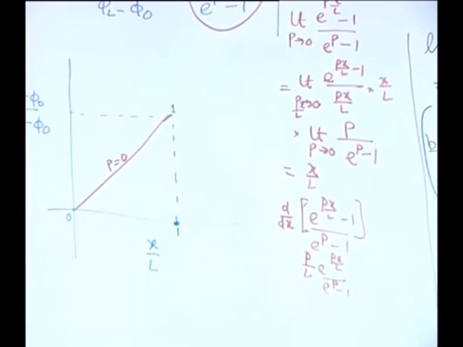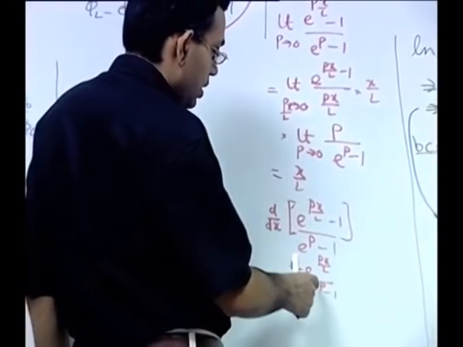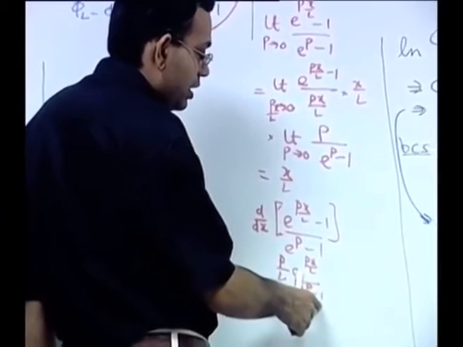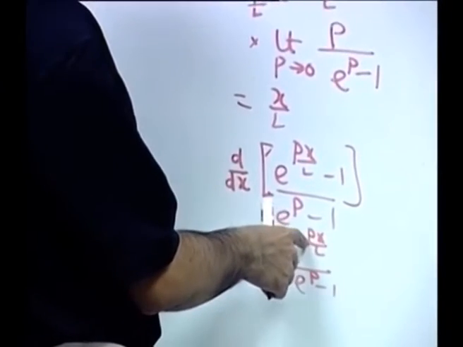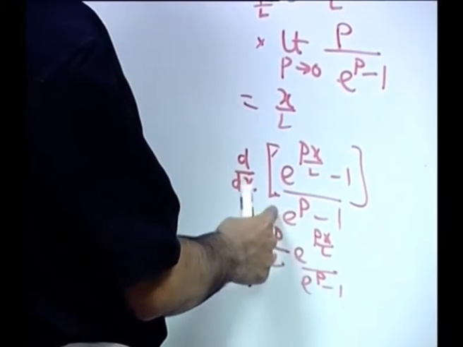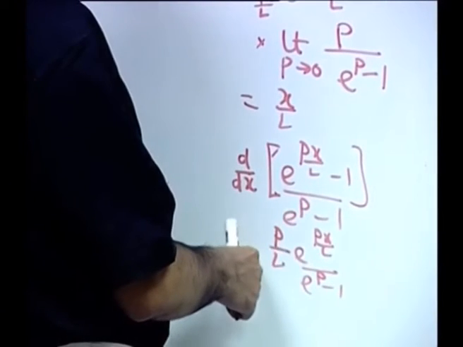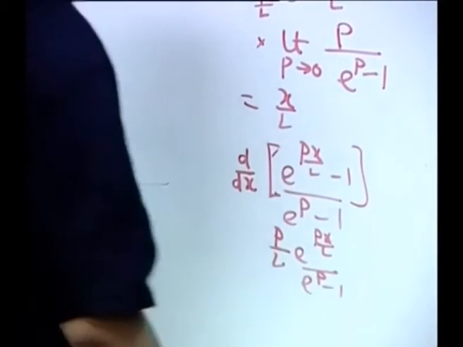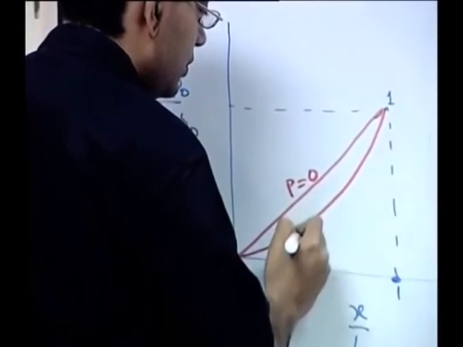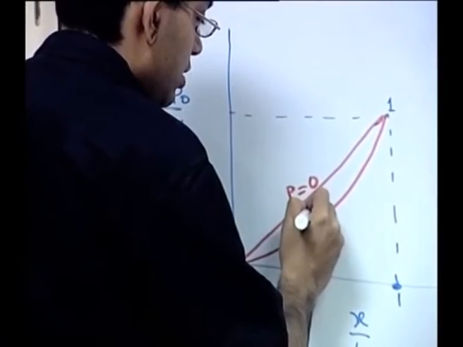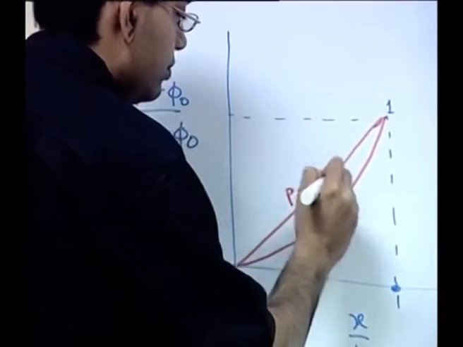When p is greater than 0, then the denominator is positive, the numerator is also positive, and p by L, the multiplier itself, is positive. So, the slope of this variation is positive, that means you can have a curve of this type. This is p greater than 0.